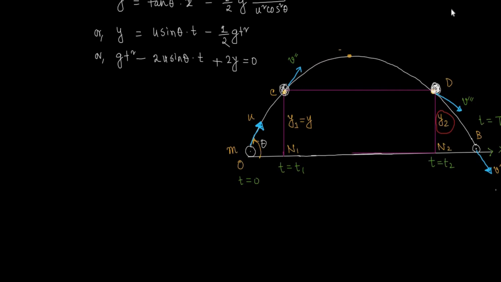This is a quadratic equation in time t: g t square minus 2u sin theta t plus 2y equal to 0.